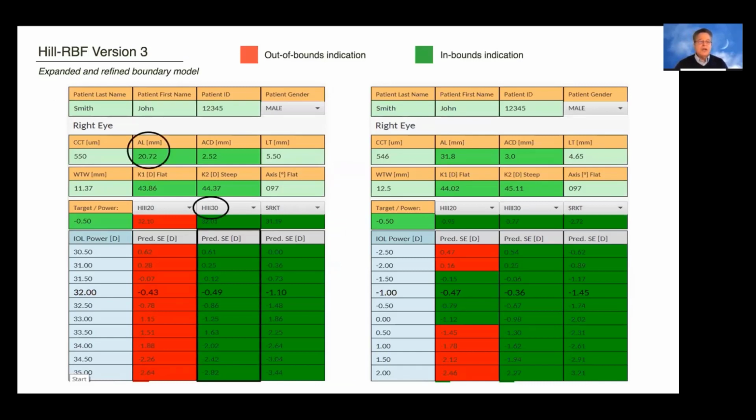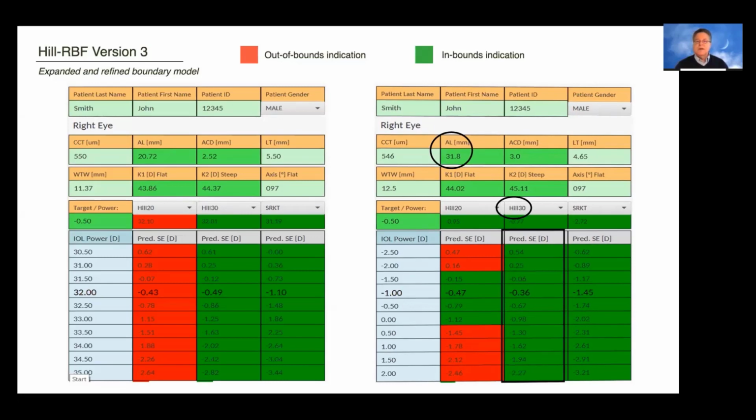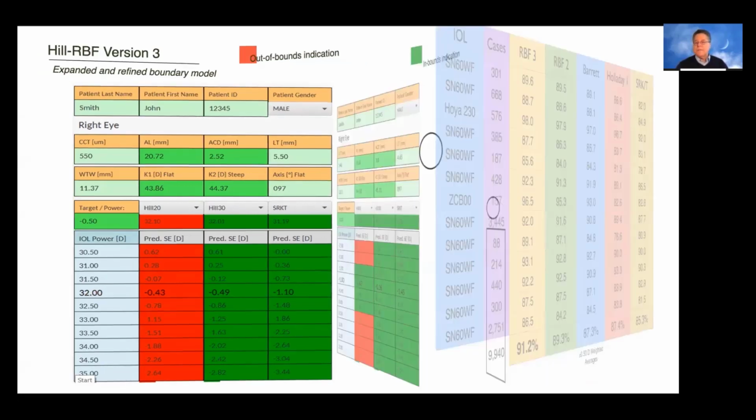This is a very short eye. You can see for version 2, all the calculations are out of bounds. That's the red indication. All the calculations for version 3 are inbounds. For an extreme axial myope, only some of the calculations are inbounds, and now all of the calculations are inbounds. So we're seeing a greatly increased number of inbounds calculations.